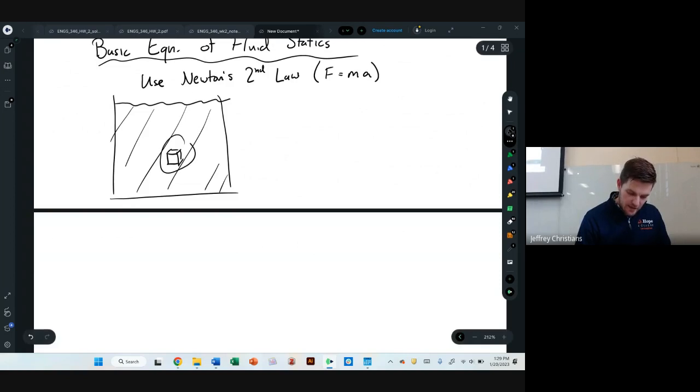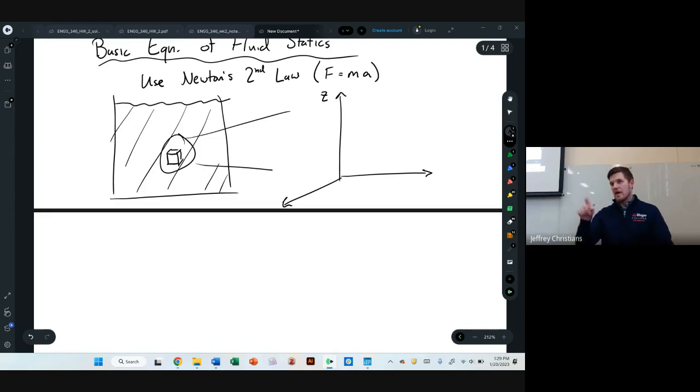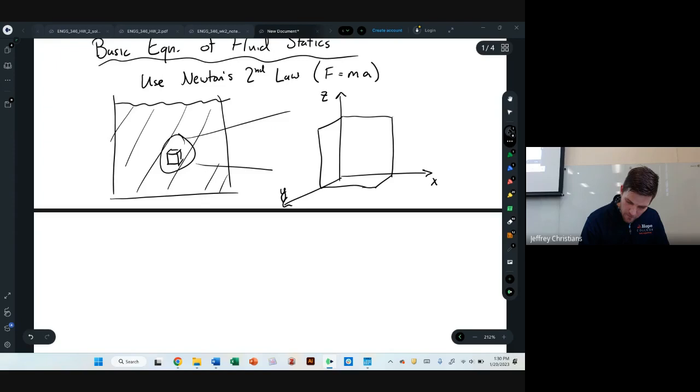So we're going to take this and pull it out and say, okay, let's draw some axes. Usually we'll call the up and down axis the Z, and then the other ones are X and Y, obviously. So here's our little chunk. Let's see how good I can draw this. Not bad.